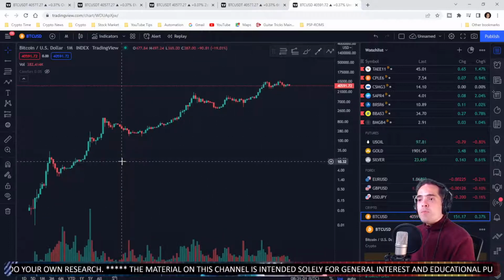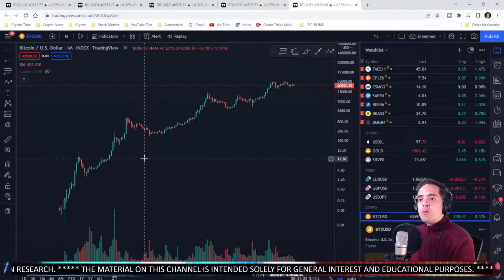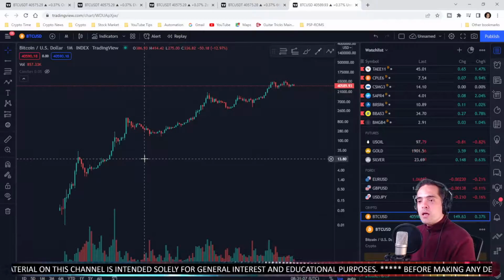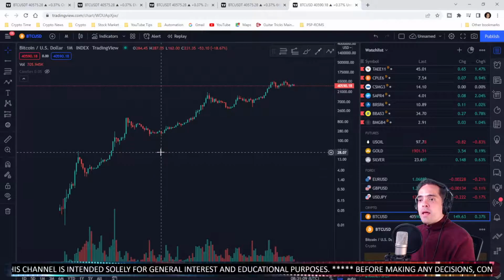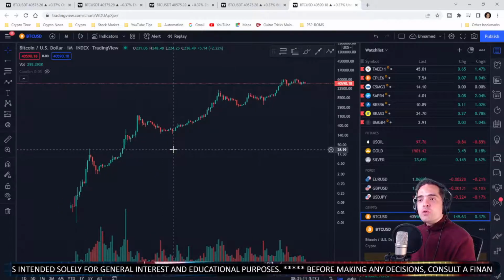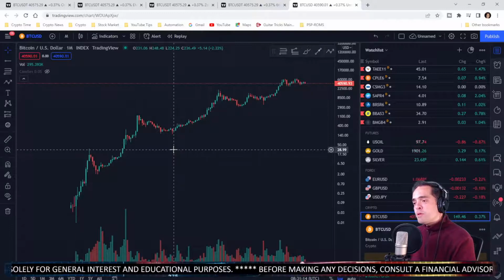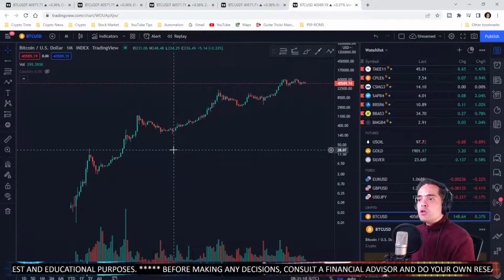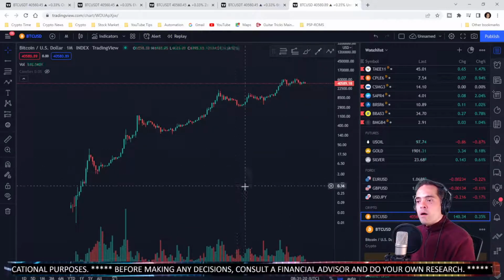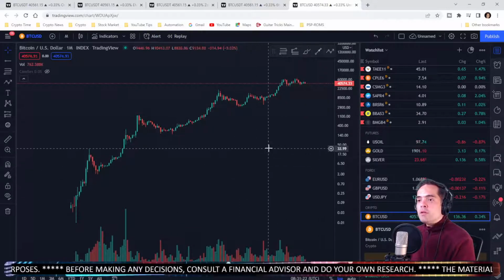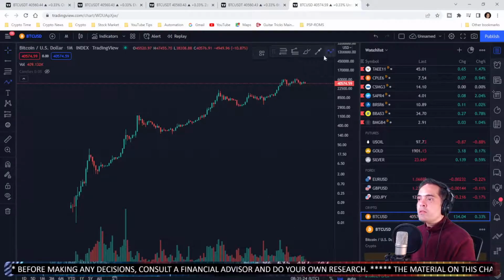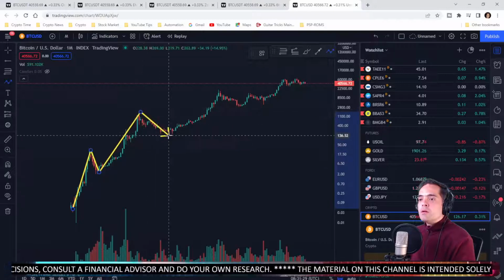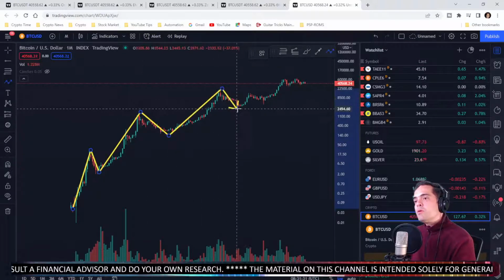The war between them leaves those footprints, if you like, and always in waves. So the market movements happen in waves, never in a vertical line or something like that. As you can see, Bitcoin price, over a long time, is moving in waves.